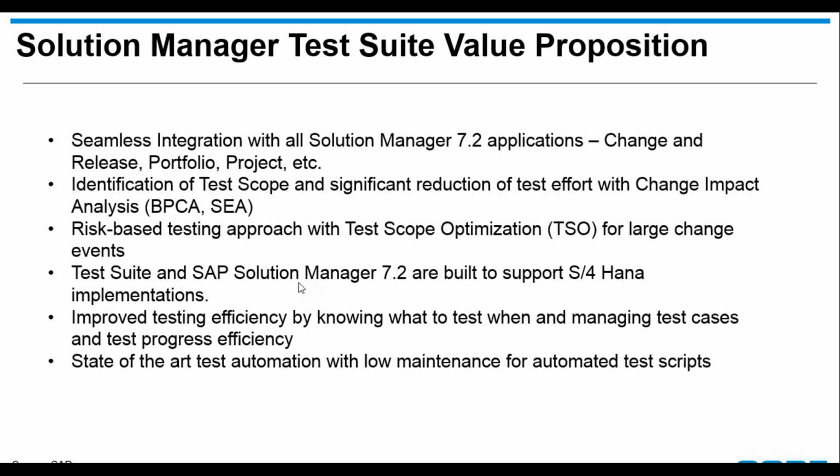Test Suite and Solution Manager 7.2 are built to support S/4HANA, and so improved testing. And then in a couple of weeks, we'll talk about the state-of-the-art automation and how that fits in with change impact analysis and repairing test cases.